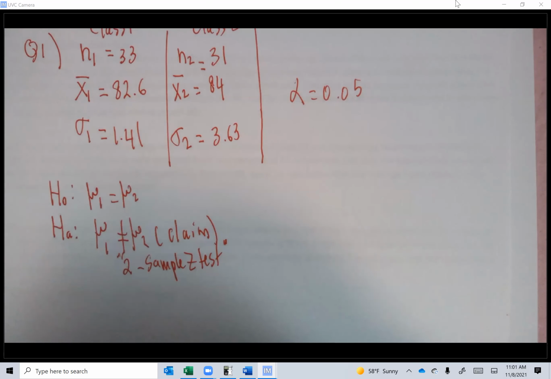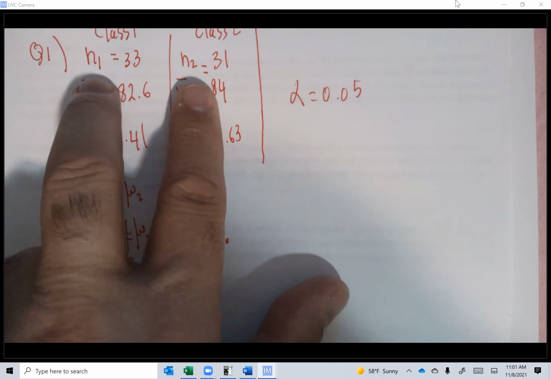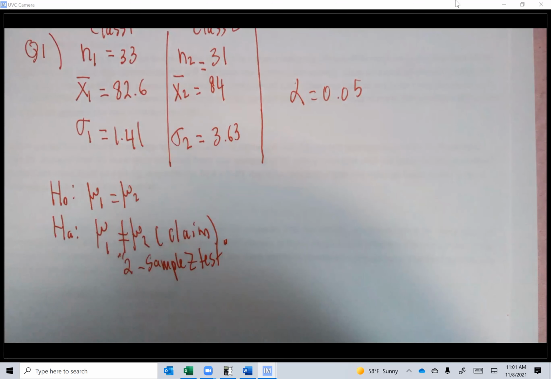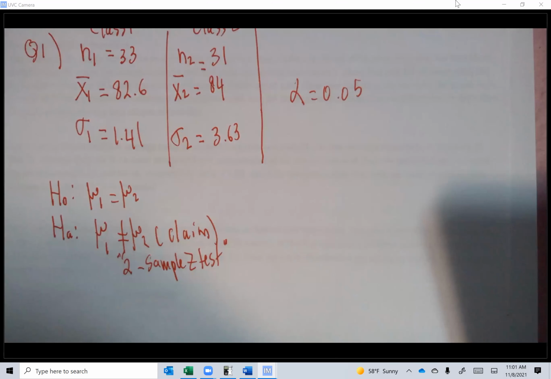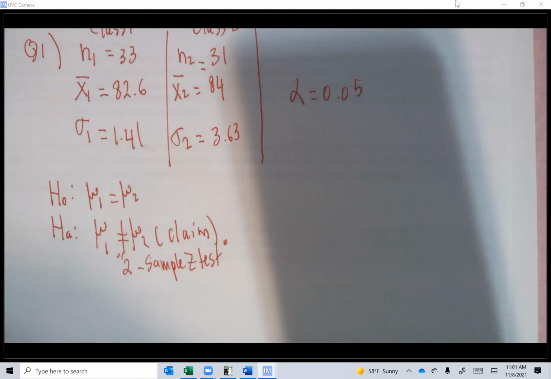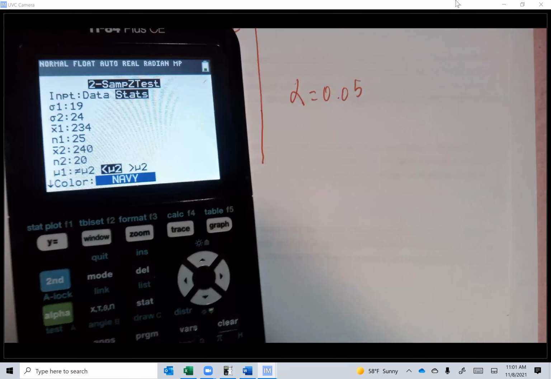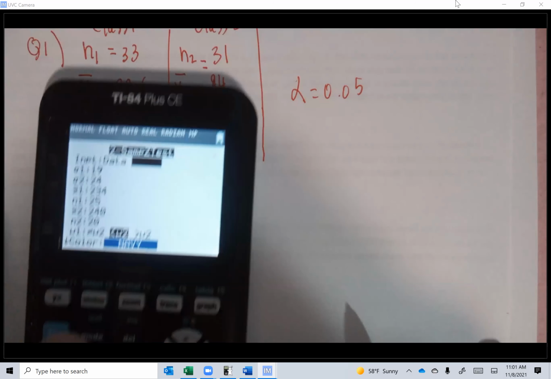Let's run it together. If you have your calculator, please grab it. You see, they didn't tell us that the populations are normally distributed, which is fine because the sample size exceeds 30. Only when the sample size doesn't exceed 30, we have to make sure that the populations themselves are normal. Now, what do you mean by two populations here?